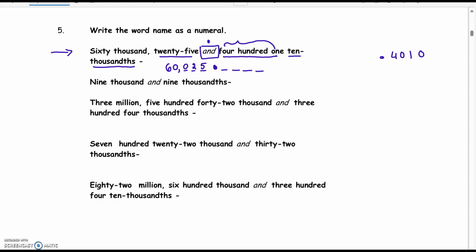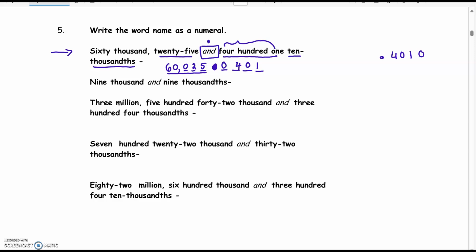That will not be 401 anymore. It's going to be 4010. So in order to make it read 401, I'm going to write it at the end and put a 0 right after the decimal point. So it has 4 decimal places, and it also reads 401. So it's 60,025 and 401 10 thousandths.